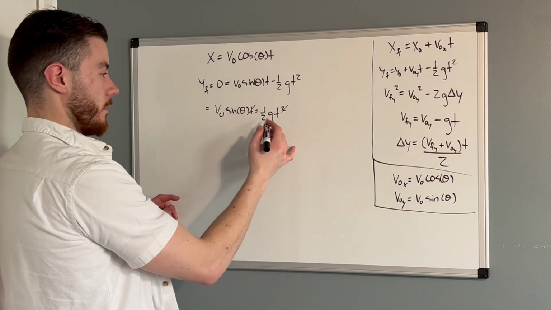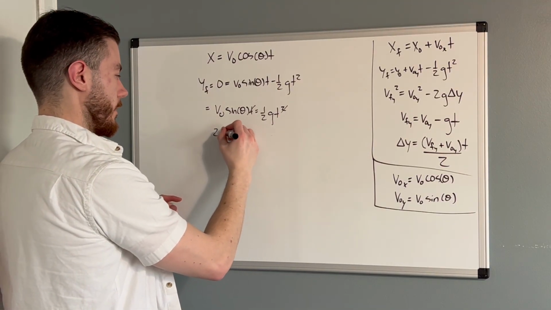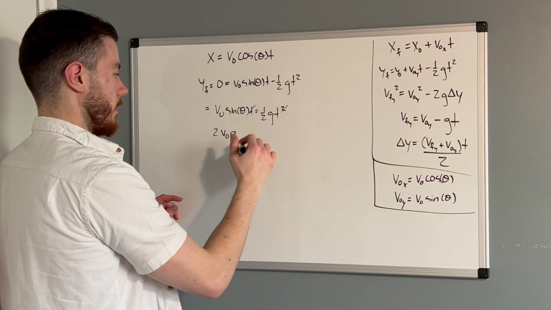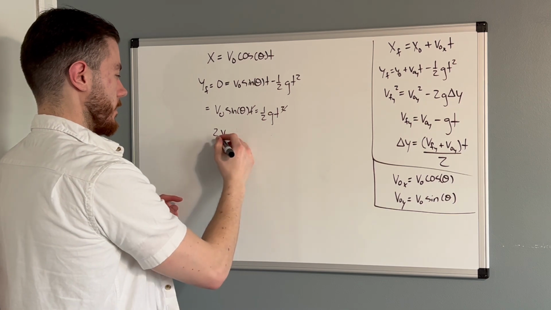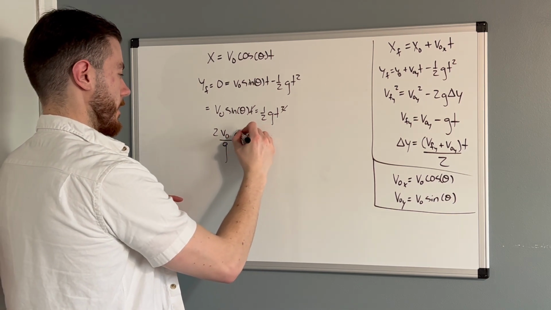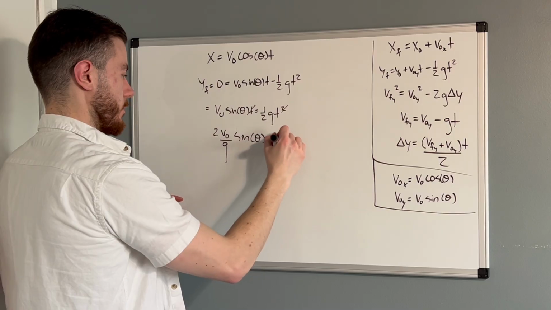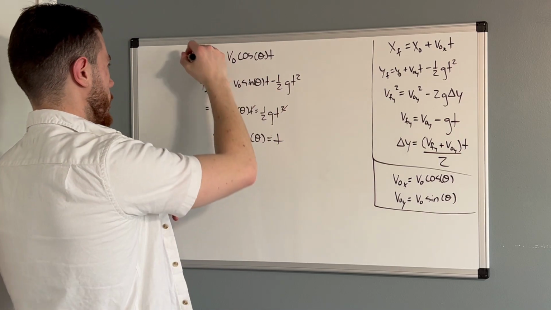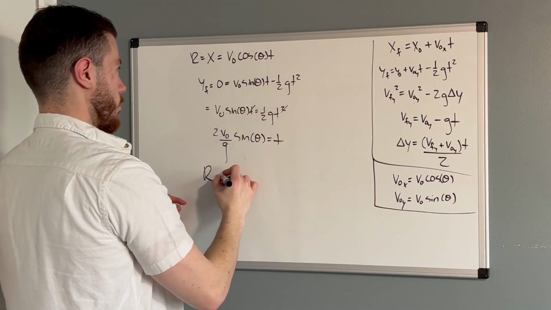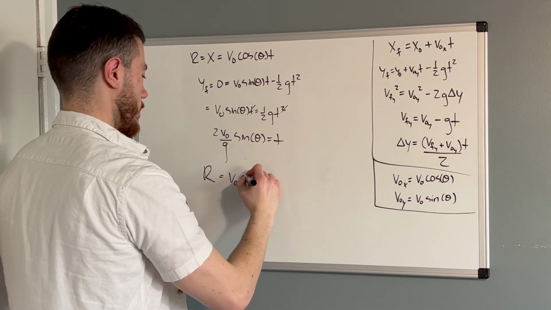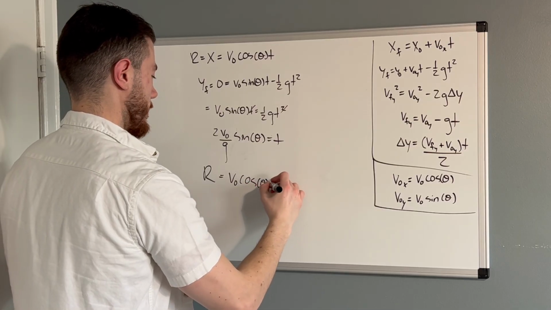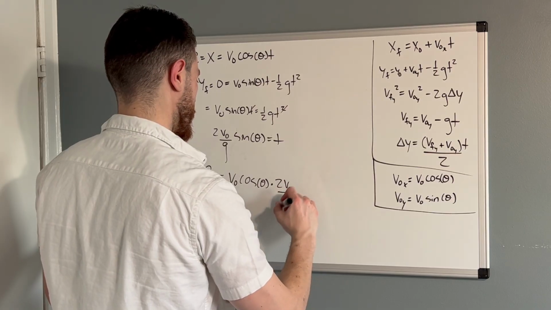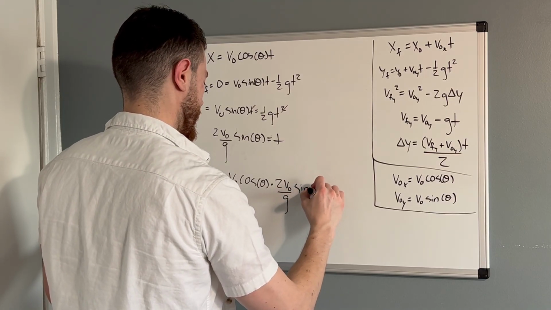Let's solve for t. 2 v naught over g sine theta is equal to time. Let's plug this in up here, and this is R is equal to v naught cosine theta times 2 v naught over g sine theta.